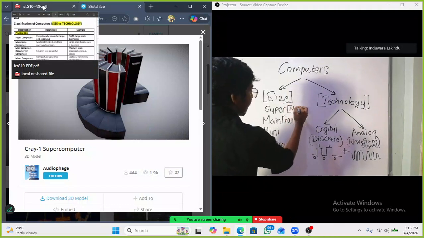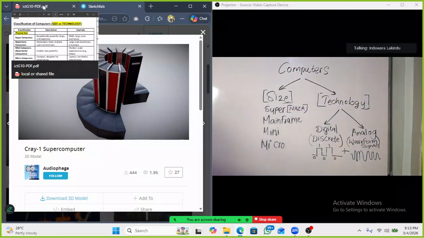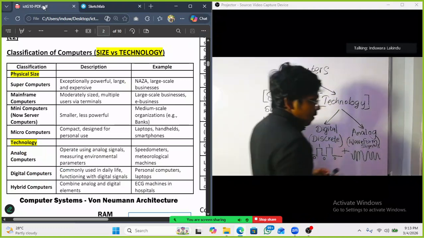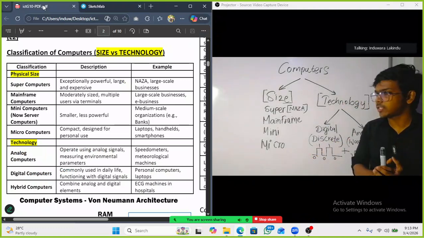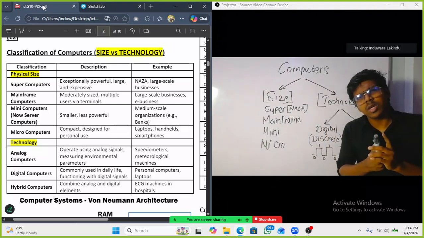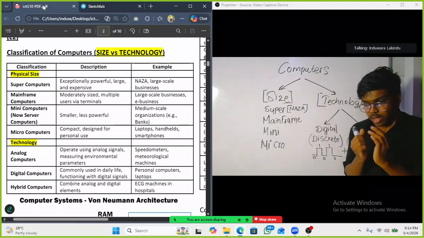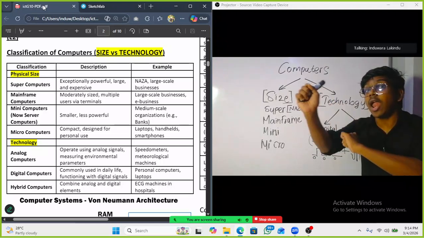Examples are given mainly in NASA and SpaceX, very large scale organizations that need intensive amounts of, intensive means what? Deep. Intensive means more deeply. Right? So intensive amounts of calculations and predictions and analysis.